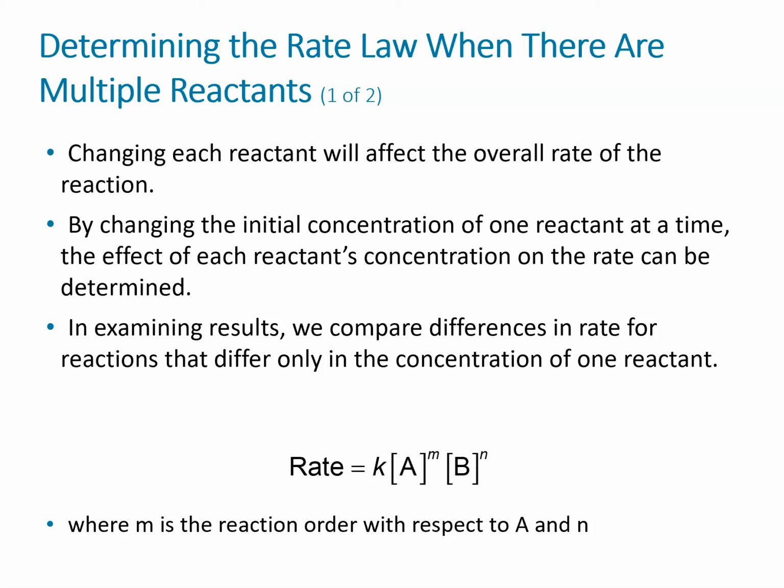If you start changing both at the same time, you can do it, but it's more complicated than we want to make this class. And you'll notice that instead of using n for everything, they've added some different terms where m is just the reaction order with respect to A, and n is going to be the reaction order with respect to B. And that's just to keep those two different orders separate because they very well may be different.